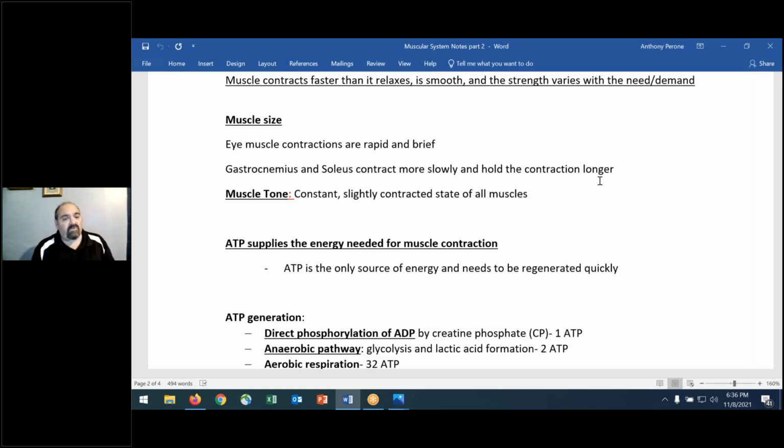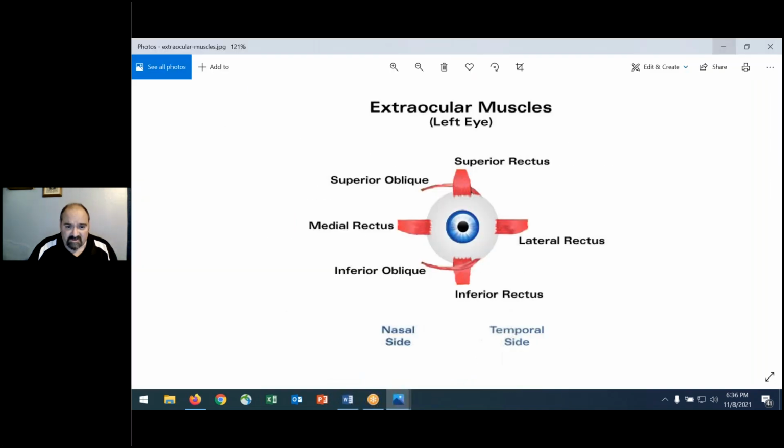Okay, so recall that I said to you that term, the action of a muscle. And oh, let me come back here for a moment and just show you this. Imagine if this muscle were to contract, what's it going to do? It's going to pull the eye so that it's looking superiorward. Or when this muscle contracts and it pulls, right, it shortens, it's going to pull the eye inferiorward.